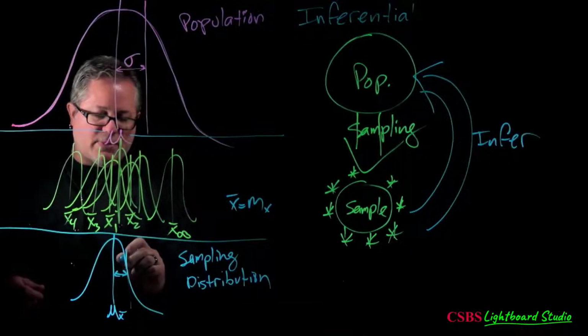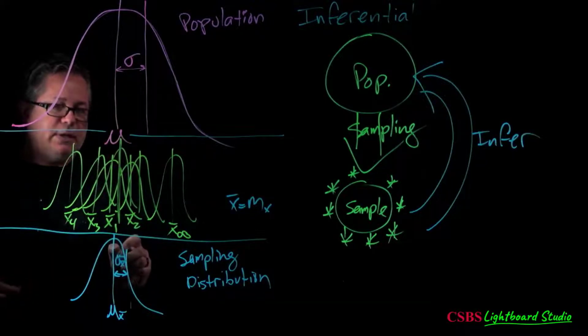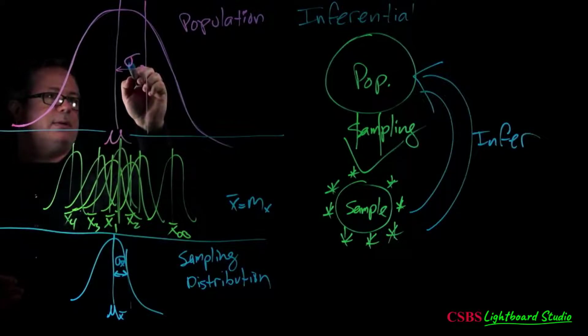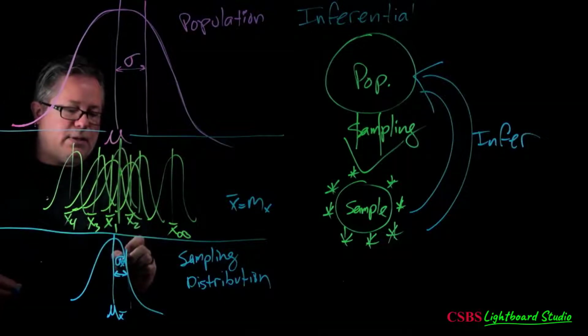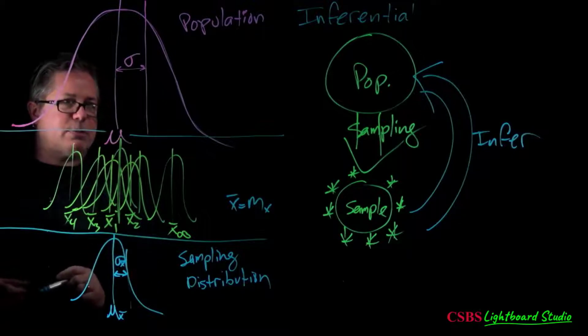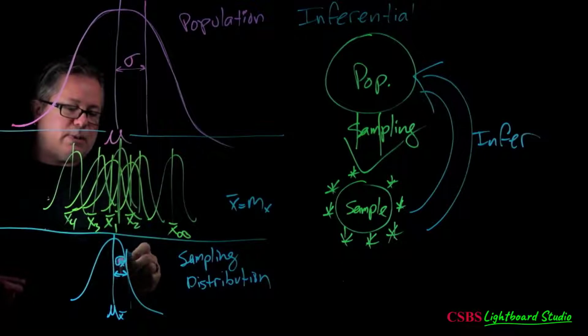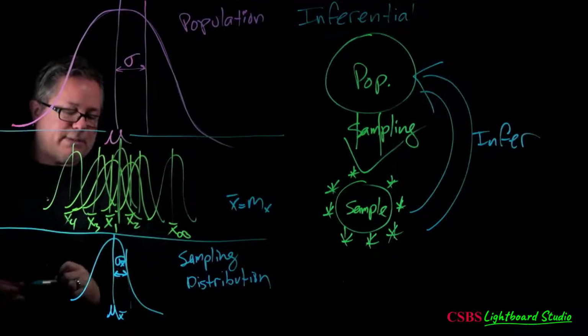This is oftentimes called sigma sub x bar. It's not the same as the population's, but it's related. Actually, it's going to be smaller, but the x bar refers to the fact that this is based on the samples and sample means and not based on the scores. This is based on the population of scores. This is based on our sample means.